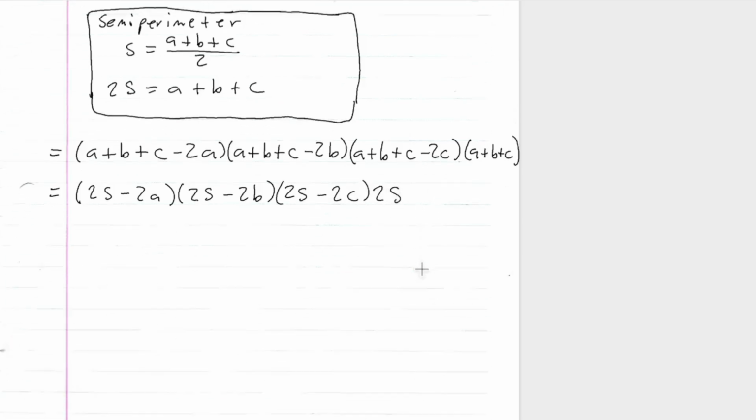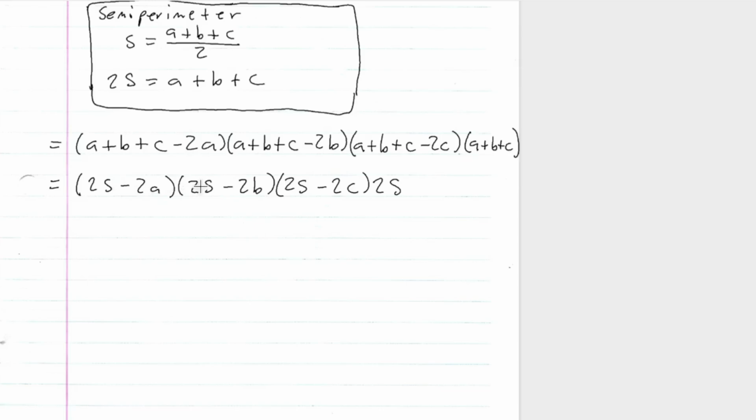All right. So in each of these, I can factor out a 2, right? So this is equal to 2 times s minus a times 2 times s minus b times 2s minus c, and then of course times 2s.